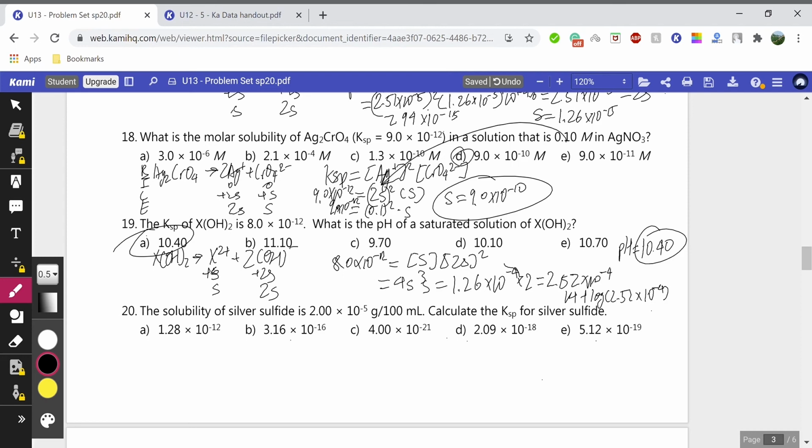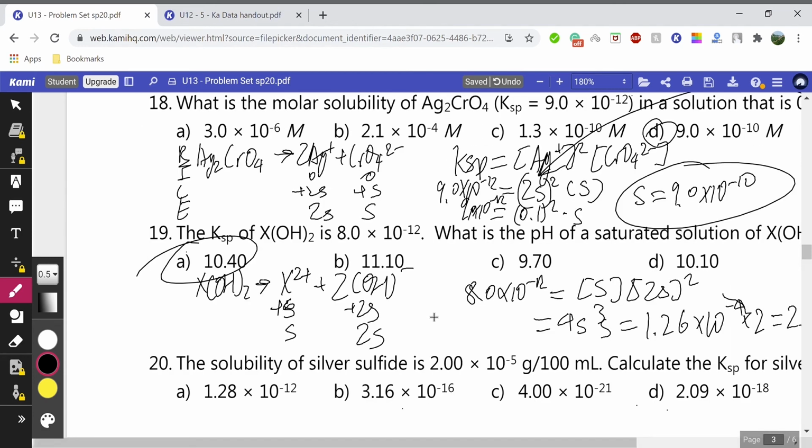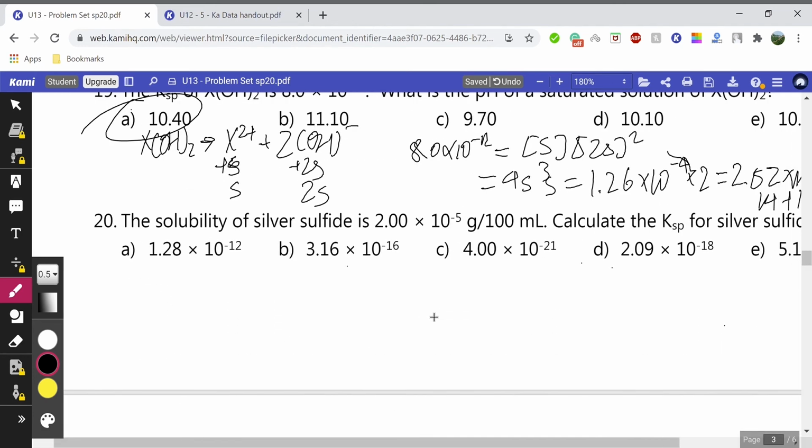Number 20, the solubility of silver sulfide is 2.00 times 10 to the negative 5th grams per 100 milliliters. Calculate the Ksp for silver sulfide. Alright, so for these kinds of problems, you always start off with the dissociation of the salt. So silver sulfide, Ag2S, forms 2Ag plus and S2 minus. Then you form an ICE chart.